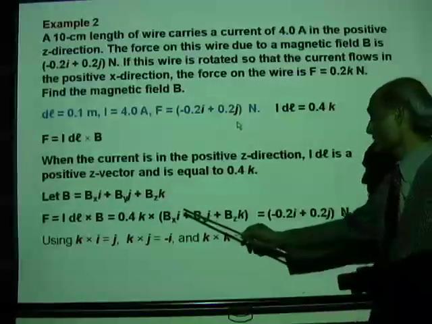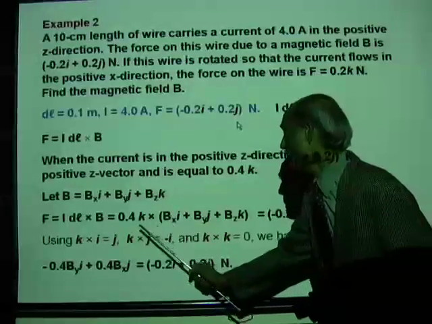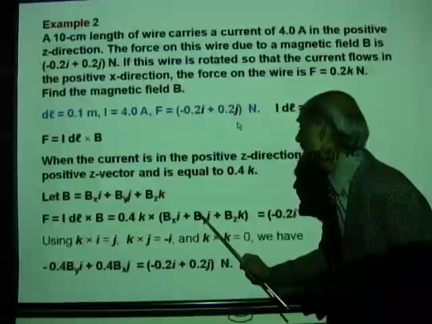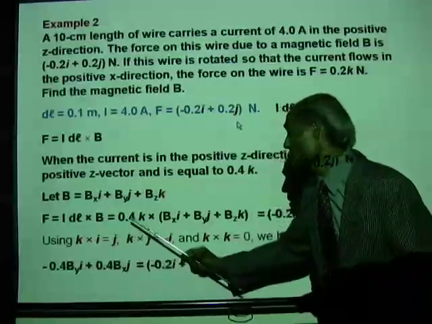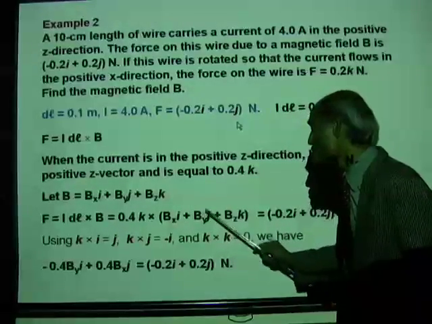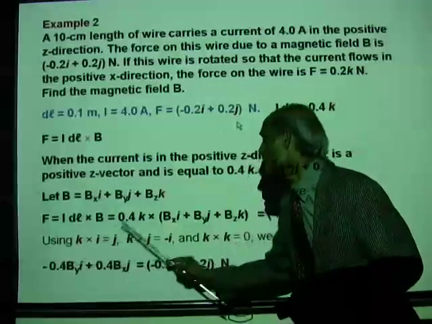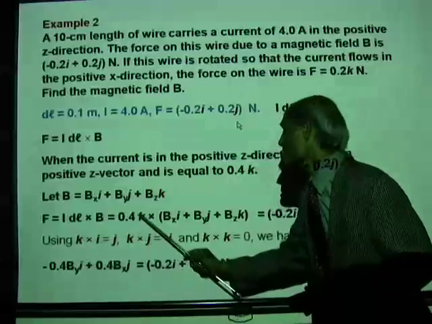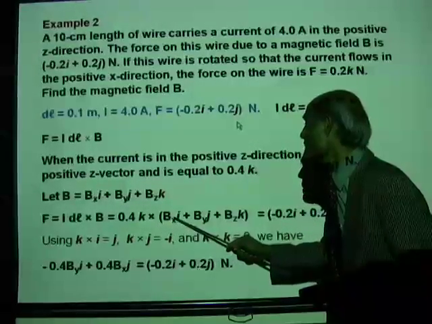Alright, let's use that to write this now. And now, I have 0.4 by negative I. I wrote that first because that is the x component. 0.4K cross BYJ. K cross J is negative I. Now let's take this product. 0.4K cross BXI.